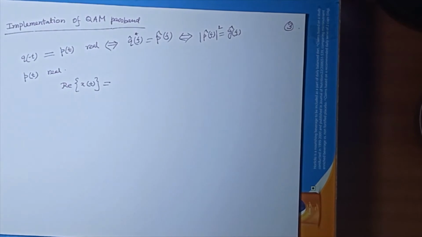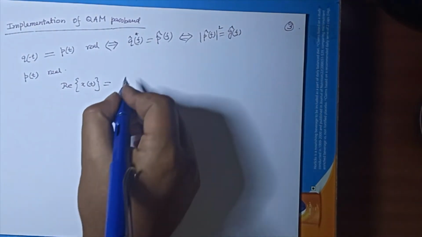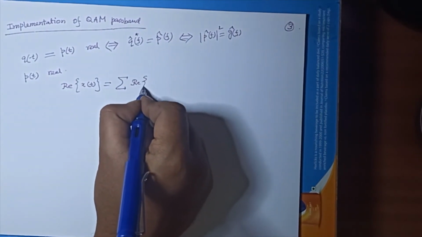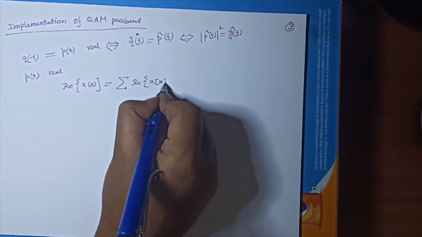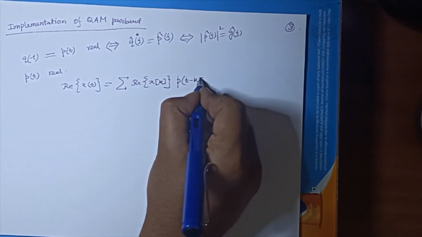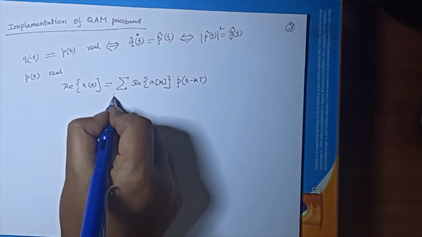I will take only the real part of the constellation map because p is real already. So this will be the sum of Re(x_k) p(t - kT) for all k.